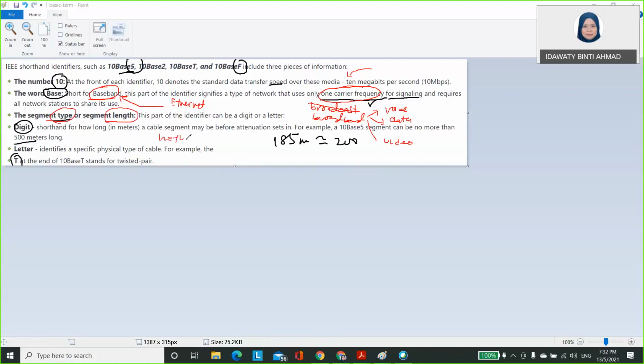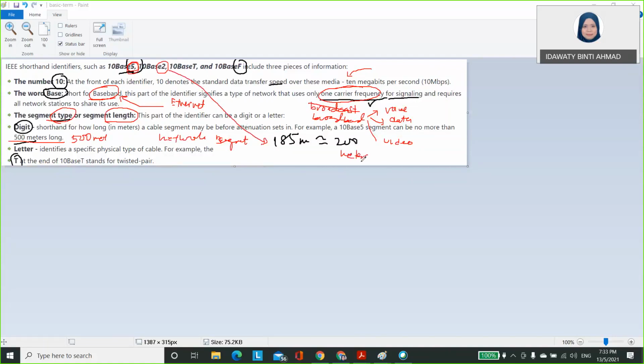So if you have a digit here, something like 10 base 5, the 5 is a digit. 5 here shows that it is 5 meters long. Sorry, not 5 meters, 500 meters. If 10 base 2, for example, the 2 here is 200 meters.